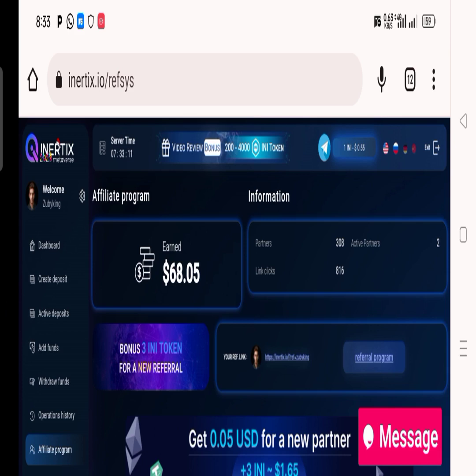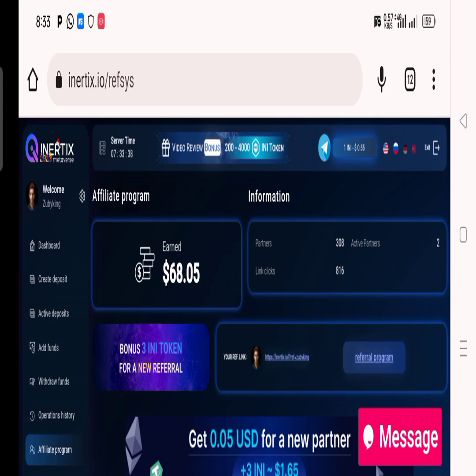So I think I've shown you guys how I got that free referral. In case you don't know about this particular platform, inetex.io, they are a very big project that is going to launch this year. They have not said the time that they're going to launch, but when they do, they're going to launch with a price of 0.55 cents per token.